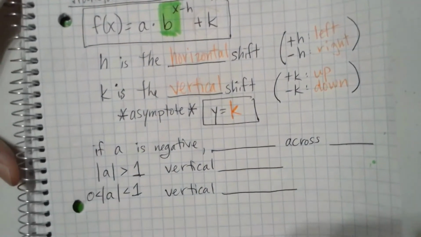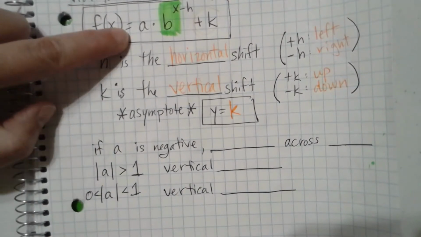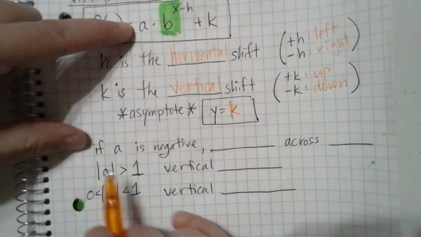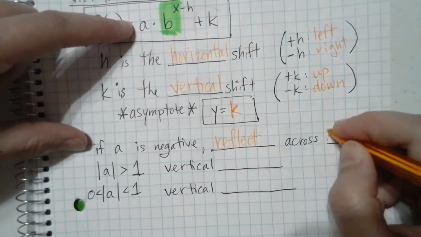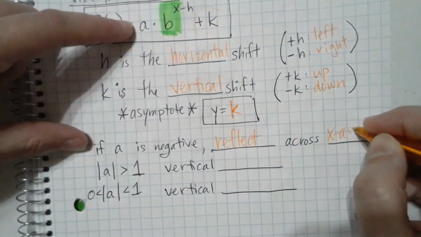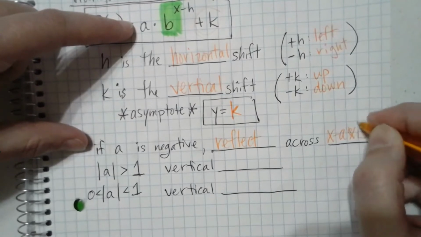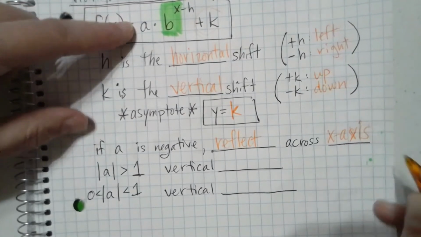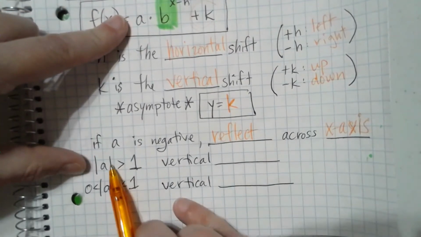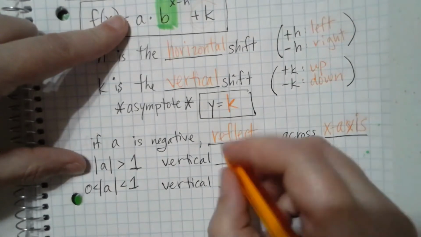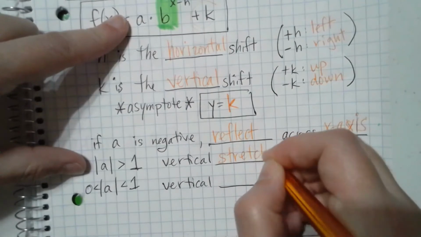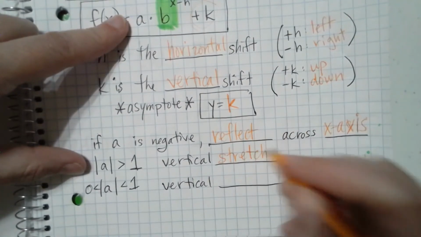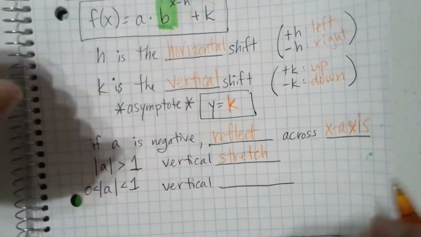Okay? And then the last thing is the A. The A is out in front, just like we've done before. If A is negative, we are going to reflect across the x-axis. If A is bigger than 1, it's going to be a vertical stretch, which means it's going to make it look skinnier.